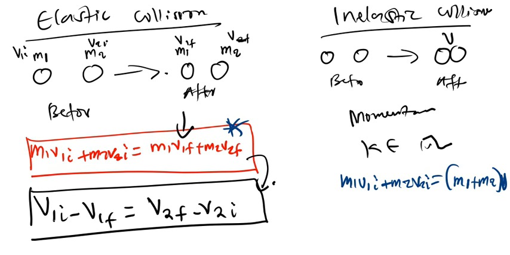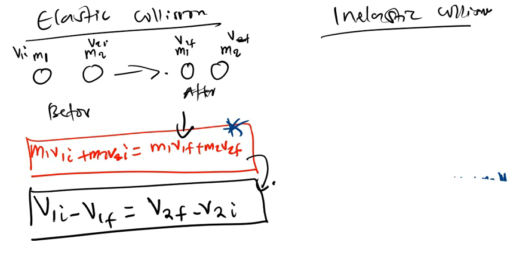Another thing that I want you to understand under momentum is this. Momentum is equal to mass times velocity, meaning that the change in momentum is equal to the mass times the change in velocity. Let's assume you are holding something and you want to throw it. As long as that thing is moving and it has mass, it has momentum.